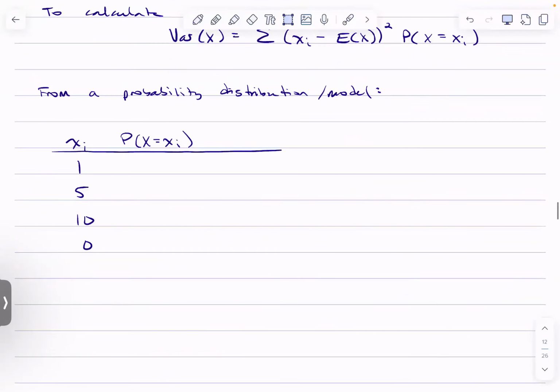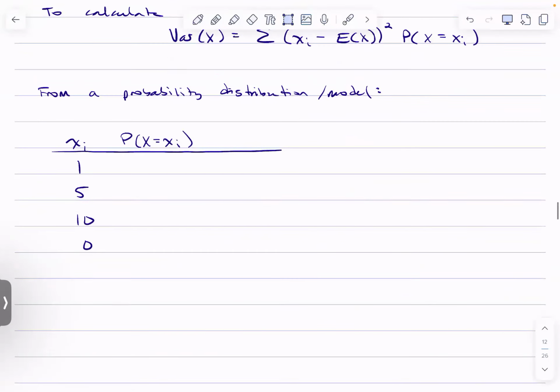You want to find the inside of your onion and then work your way out nice and slow. So we started here at the expected value of x. The next thing you want to do is find each value of x. How far is it from the expected value of x? Some will be above and some will be below, right?